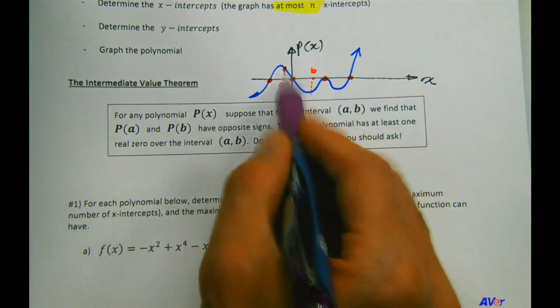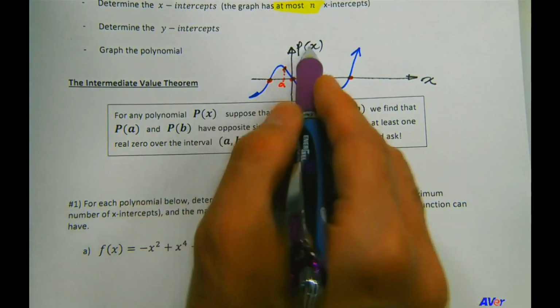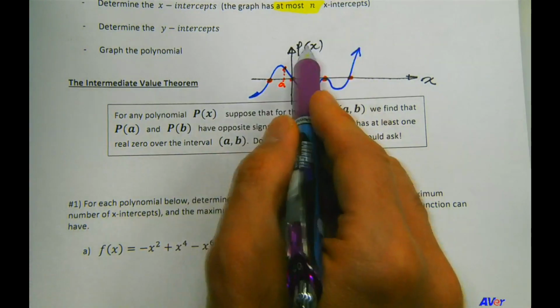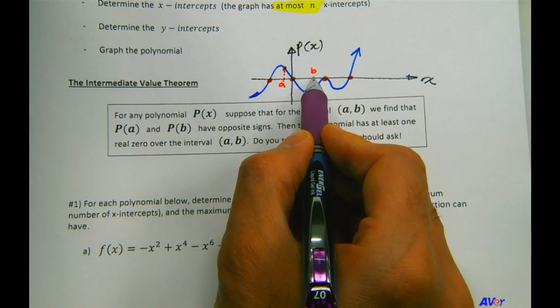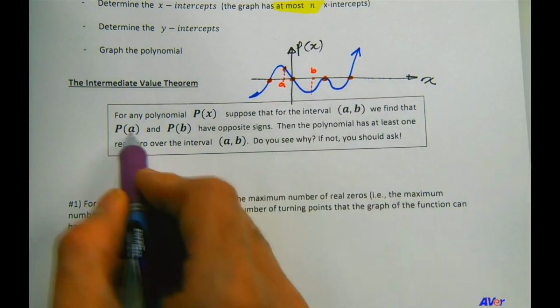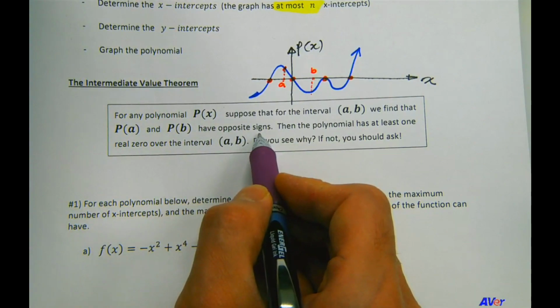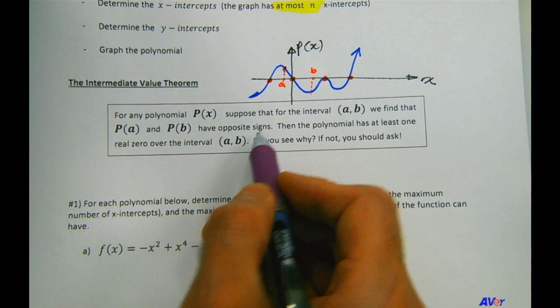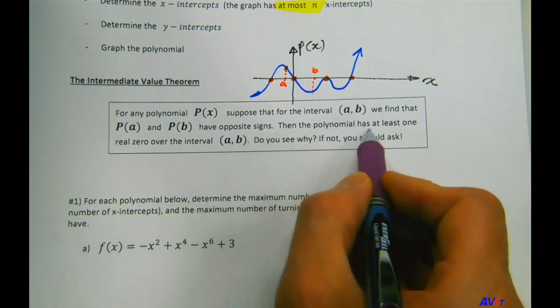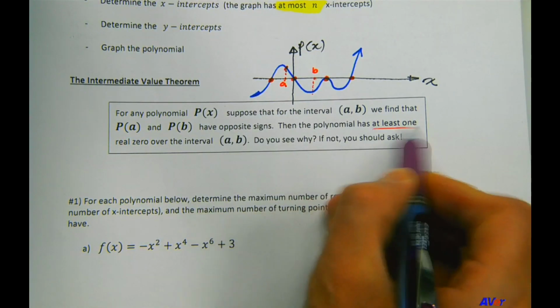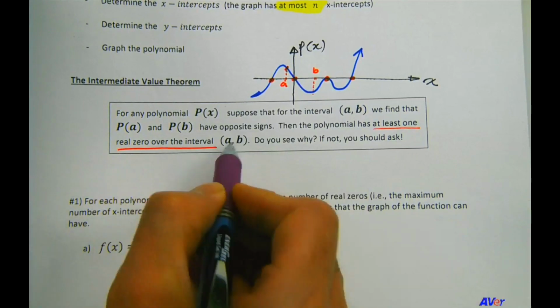If you evaluate the polynomial, or p of x, at A, and at B, and we find that p of A and p of B have opposite algebraic signs, then the polynomial has at least one real zero over the interval AB.